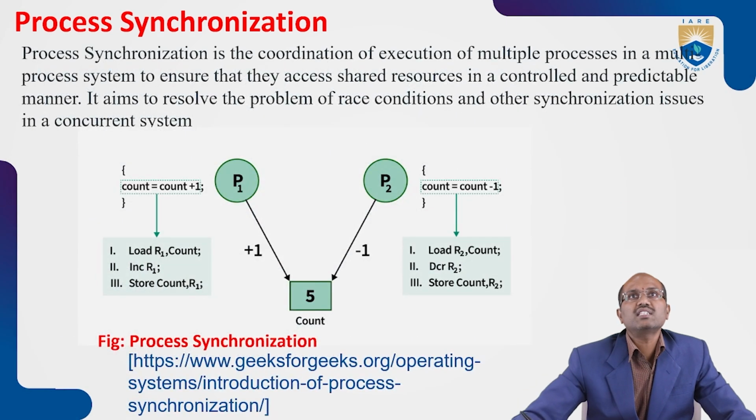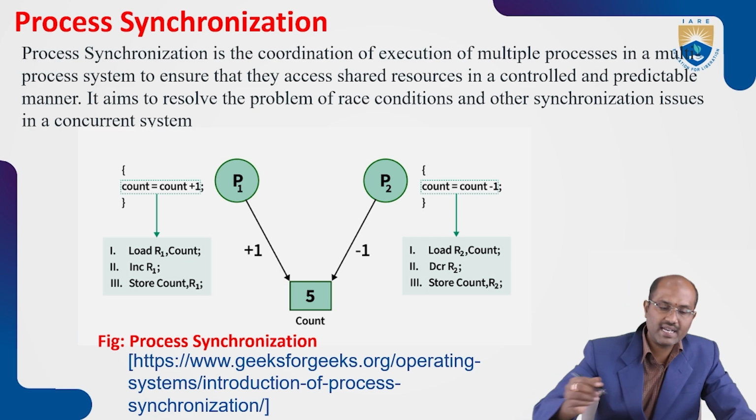Next, process synchronization is the coordination of execution of multiple processes in a multi-process system to ensure that they access shared resources in a controlled and predictable manner. It aims to resolve the problem of race conditions and other synchronization issues in a concurrent system.